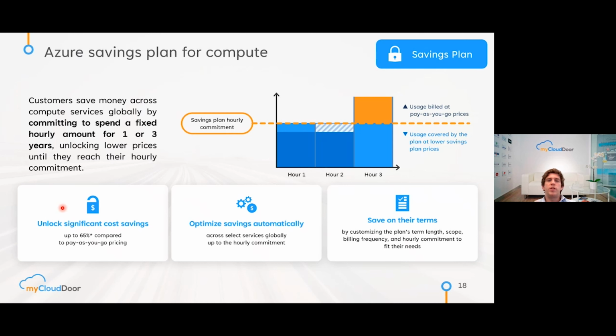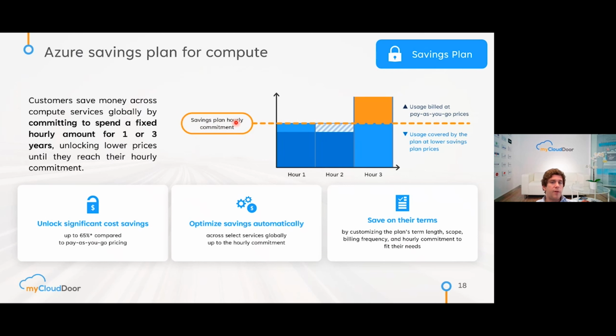So here, you commit on a fixed spend for 1 or 3 years, the same as reservations, and you are going to get a lower price compared with pay-as-you-go. Here, the savings will go up to 65%. And this is how it works.